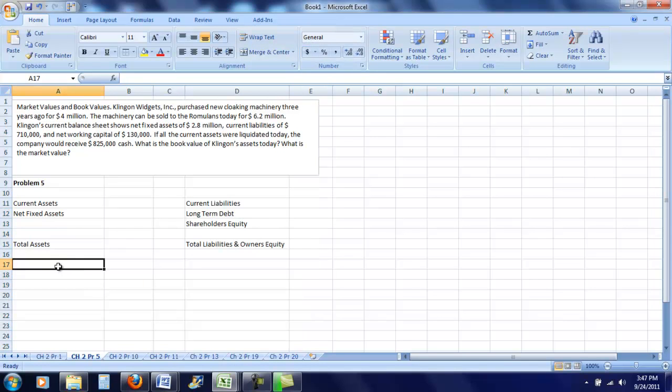And we were also given net working capital in this problem. So we know net working capital from the list is $130,000.